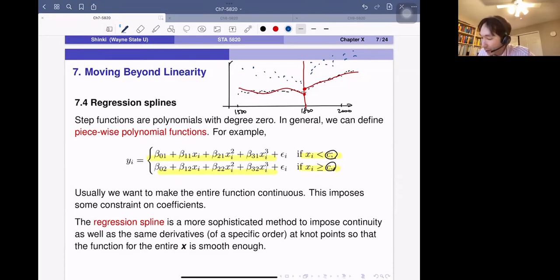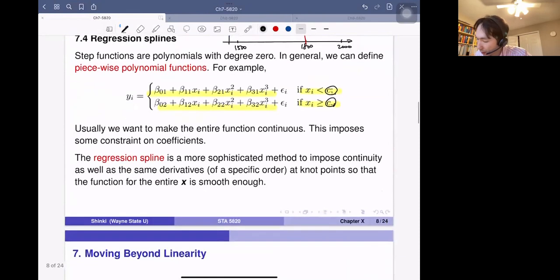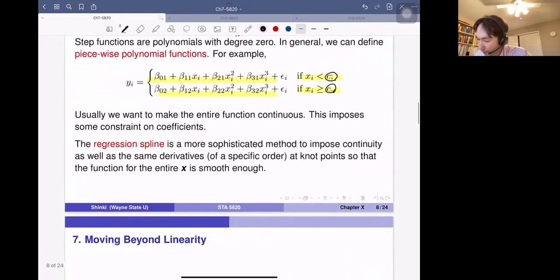But at that time, we didn't impose any restrictions, so it sounds pretty unnatural. We fit a straight line here and a straight line here, so it's not continuous. But usually when you fit the model, we want it to be continuous.